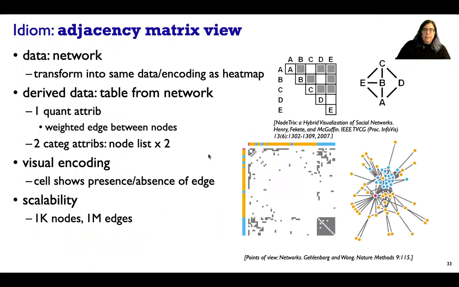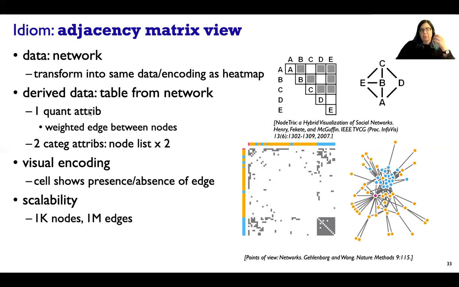But let's now think about this again from an idiom analysis point of view. So what have we done? We have taken network data and we have transformed it because we have derived a table, where we just take the node list and we consider those to be categorical. And then we have this quantitative attribute, which is, is there an edge between the nodes?